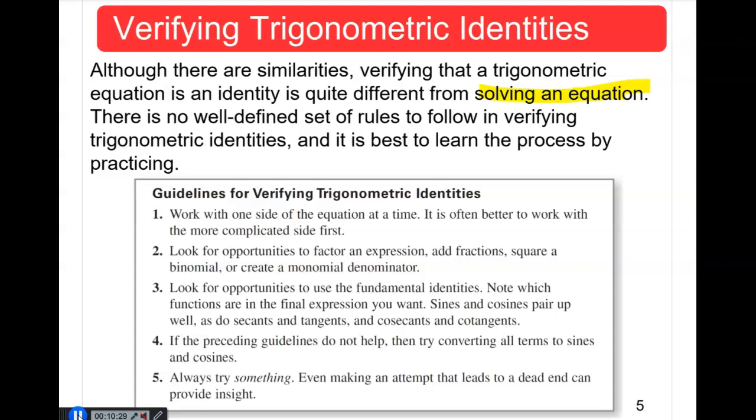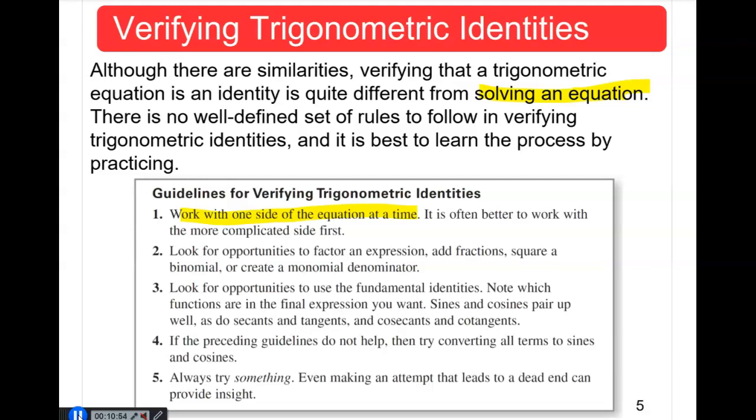So number one, you need to work on one side of the equation at a time. Most of the time you will only work on one side and stick to that one side, but there are a few cases where there might be nothing else for you to do to verify the identity, and so you might have to work on the other side, but always one side at a time.